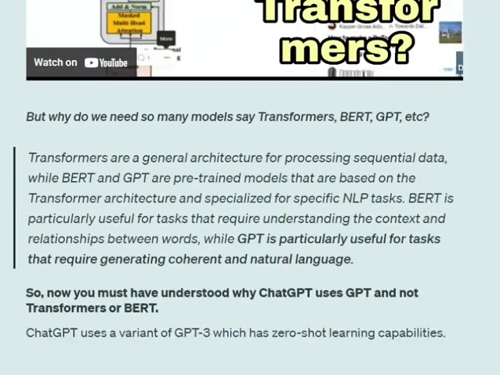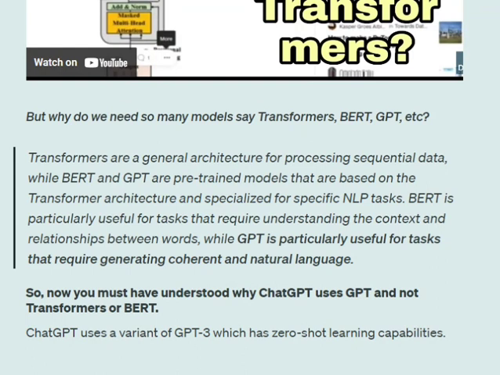A big question before jumping further into ChatGPT: why do we need so many models, like Transformers, BERT, GPT? Why can't we use a single model for everything? Why was it not Chat BERT or Chat Transformers? Transformers are a general architecture for processing any sort of sequential data, and that can include time series as well.